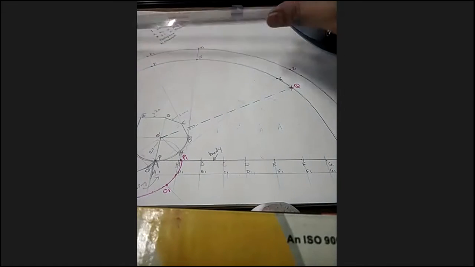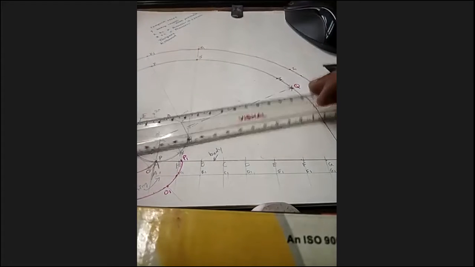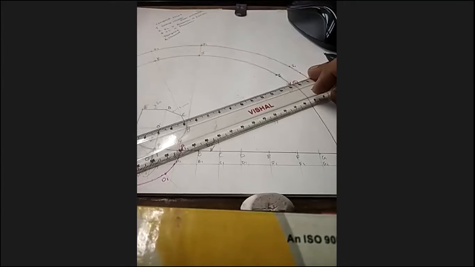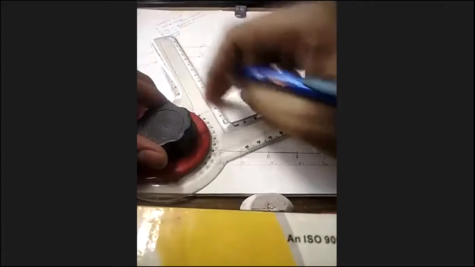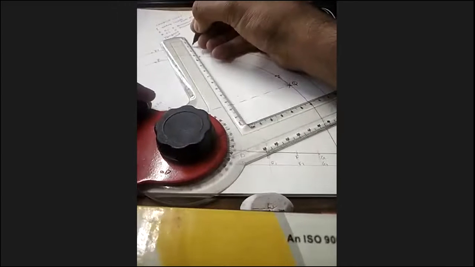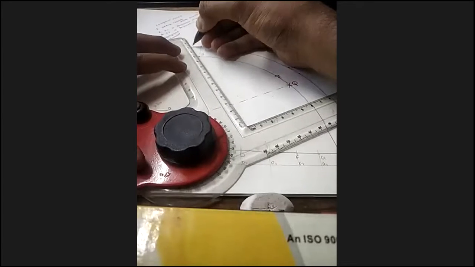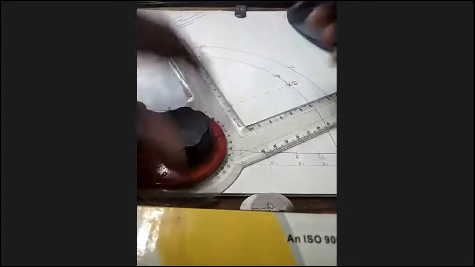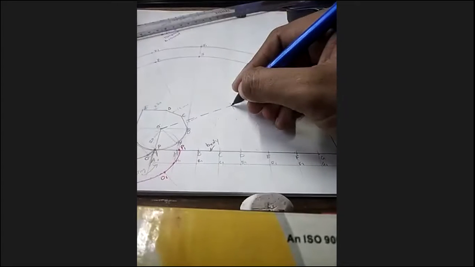Now I will set the drafter parallel to this blue dotted line. Exactly parallel to that. So this part of the drafter is perpendicular, and I will join that point. I will set that on the edge. So this is it. This is my center of that semicircle.